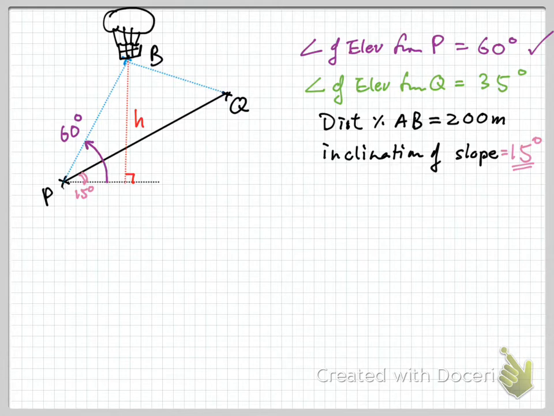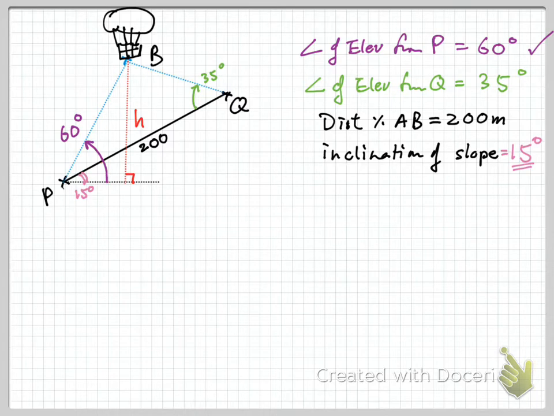Now, the examination question would put the data in the description rather than the diagram, so you have to put the correct numbers back into the diagram. This distance PQ is 200. And then how about the angle of elevation from Q? This is the one that people make the most mistakes on. It's 35 degrees. Many will say this is 35 degrees because that is the angle of elevation from Q. If you pay attention to my previous video, you know this is wrong.